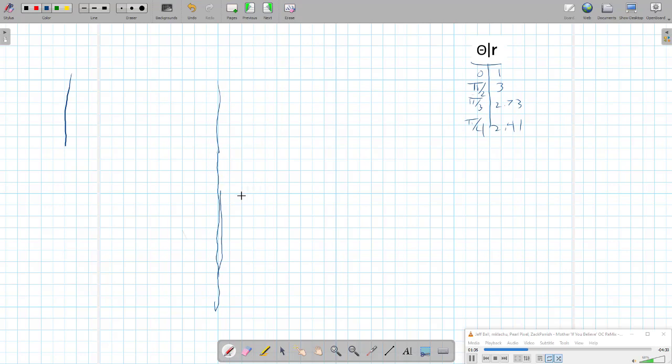I will make 2 of these be 1, so this is 1, 2, 3, 1, 2, 3. So then, 0, 1, pi over 2, 3. At pi over 2, we're all the way up here. At pi over 4 first, because that's this angle, we're at 2.41. So that's, let's see, 2.41.